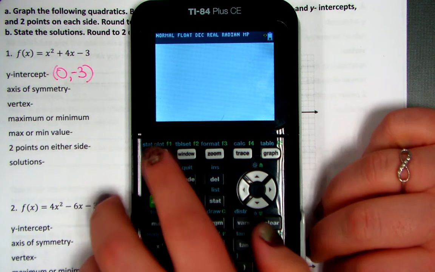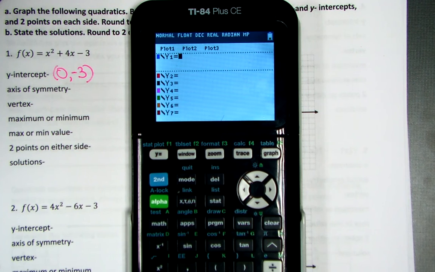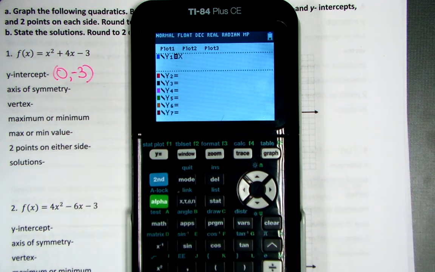So to graph, we'll go to y equals, clear out anything that's there, then type your equation in. So we'll use the X,T,theta,n button for x. And then squared is actually right under the same button that we use to find the matrix. Or you can use the caret and 2, either way. But x squared plus 4x minus 3.